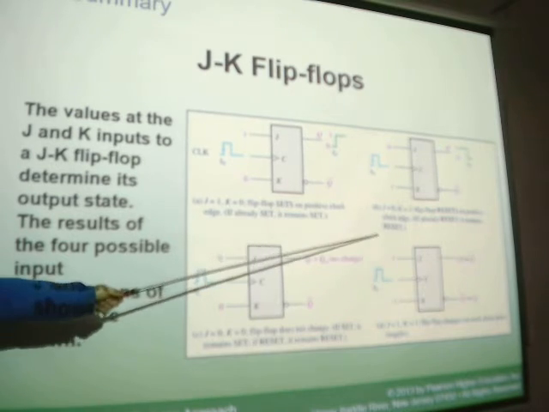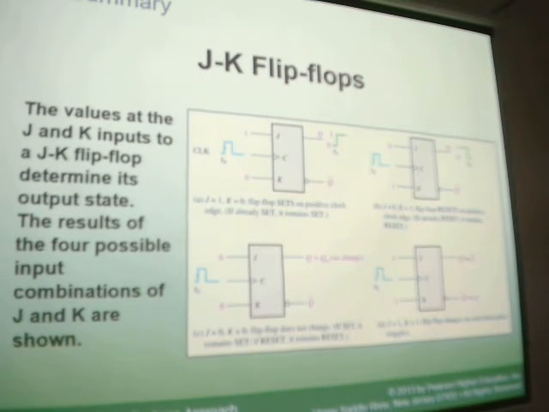For this combination, J equals to 0 and K equals to 1. Then Q equals to... J equals to 0, so this term is 0.